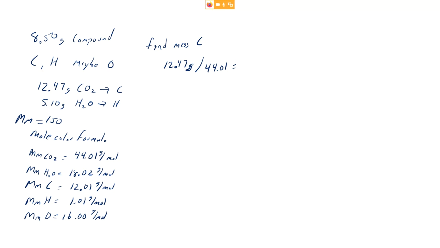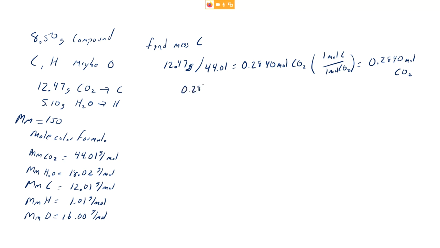So 12.47 divided by 44.01 gives me 0.2840 moles of CO2. And then I need to go to carbon, so 1 mole of carbon over 1 mole of carbon dioxide means I get the same answer, 0.2840 moles of carbon. Now for the problem in which it told you it was carbon and hydrogen only, I can stop there. But the maybe oxygen means I need to take it all the way to mass.